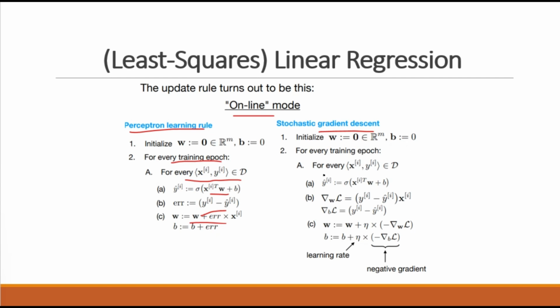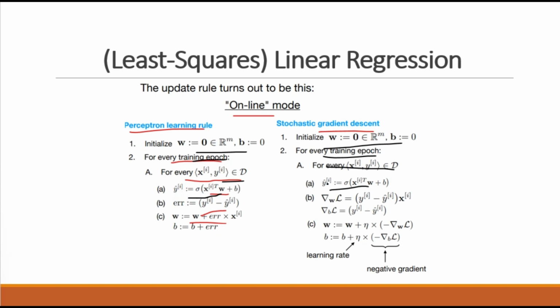So what is similar and what is different? Again, we have the same weight initialization here. We also iterate over the training epochs. Then we also iterate over the training examples in a data set. We also compute the predictions the same way, because like I mentioned earlier, the perceptron and linear regression model both compute the net input.